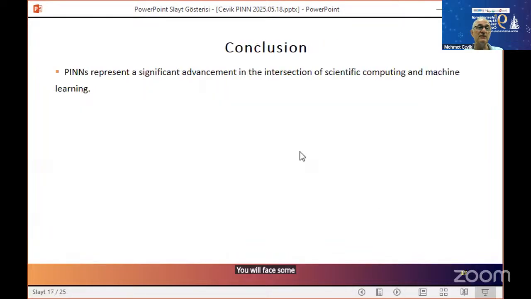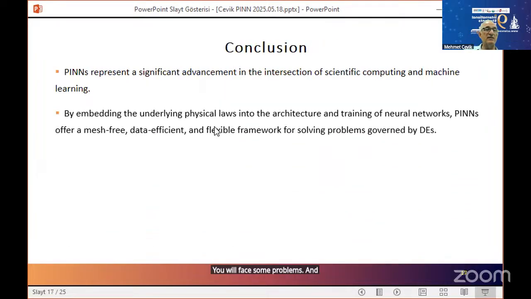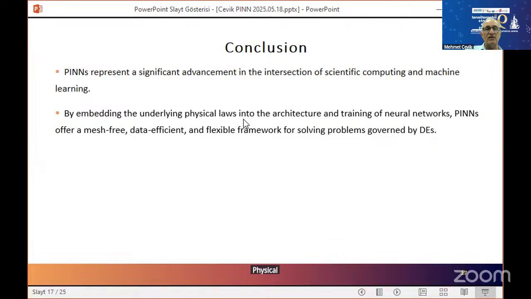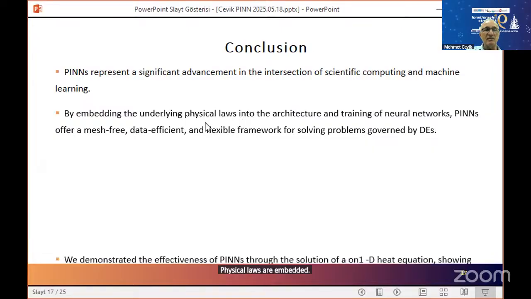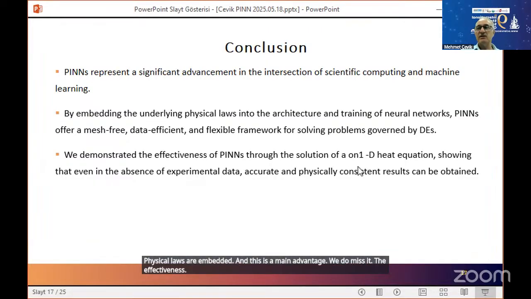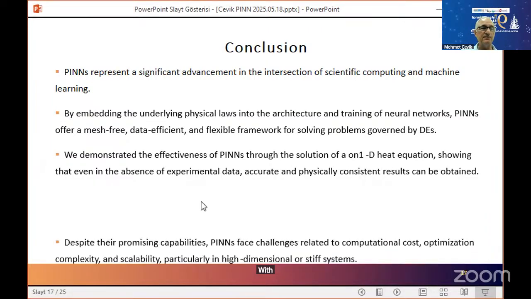As a conclusion, we may say that PINNs represent a significant advancement in the intersection of scientific computing and machine learning. Physical laws are embedded, and this is a main advantage. We demonstrated the effectiveness with a test problem.